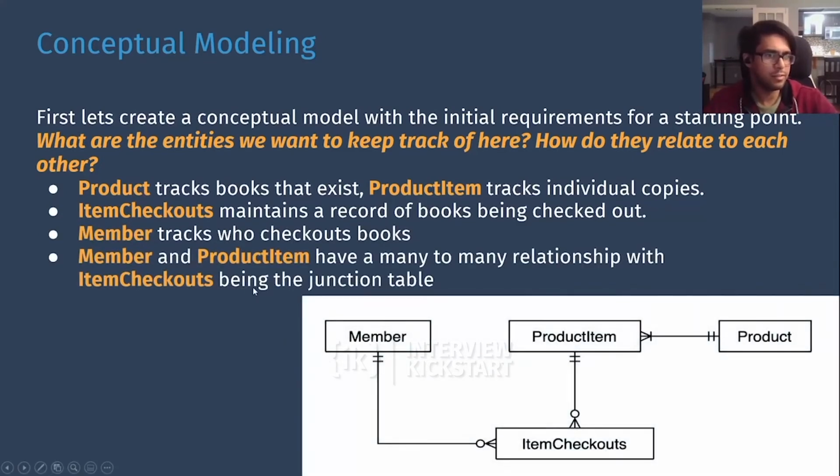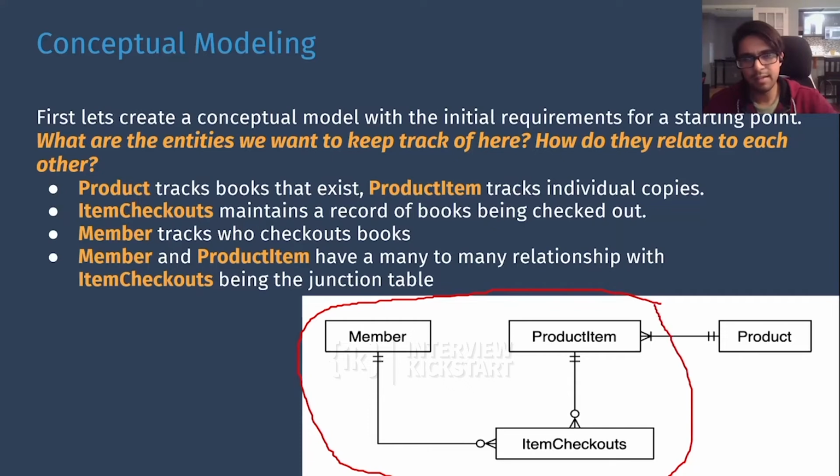So member and product item have a many-to-many relationship, with item checkouts being the junction table. So what that means here is that this is what basically has the many. We remember we had that requirement of there being at least one many-to-many relationship.